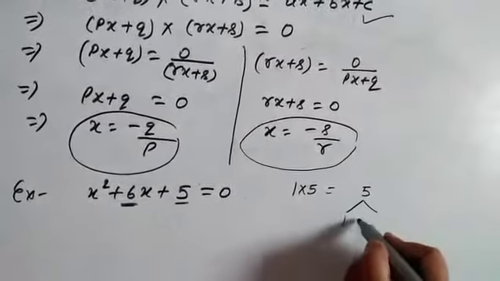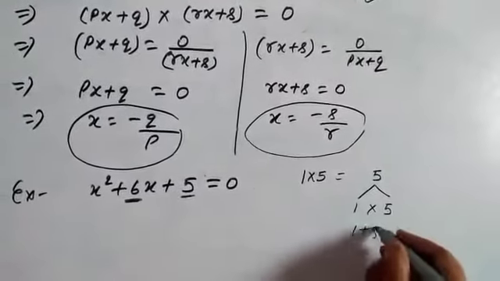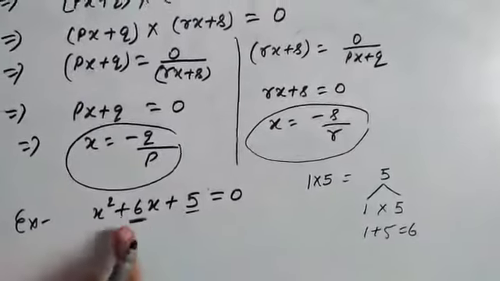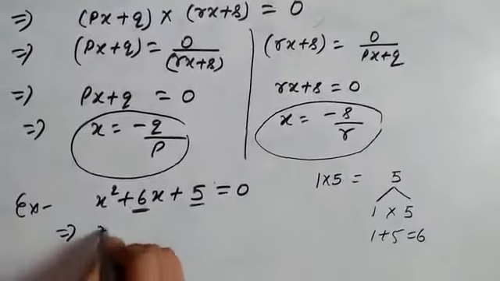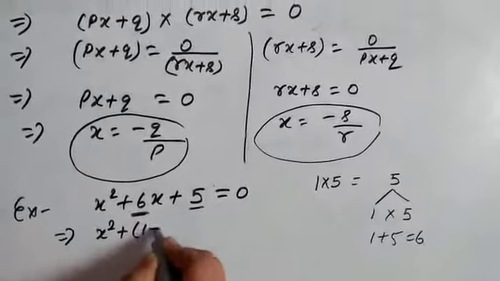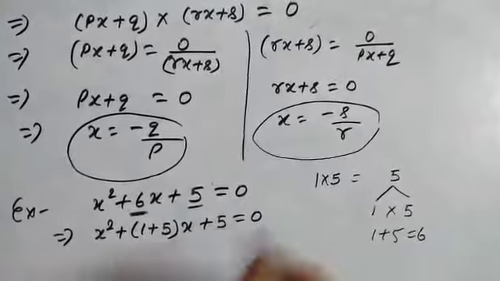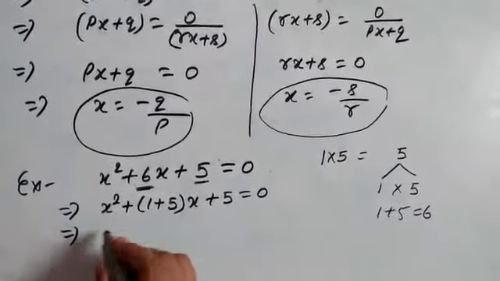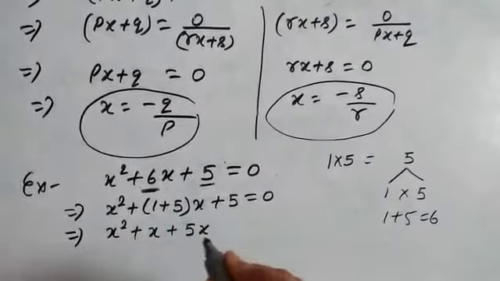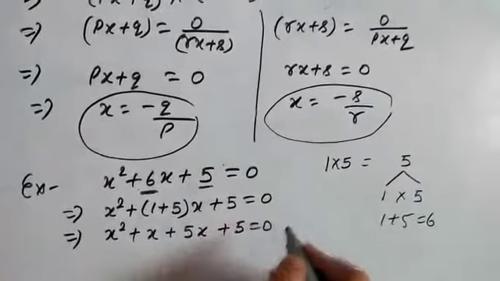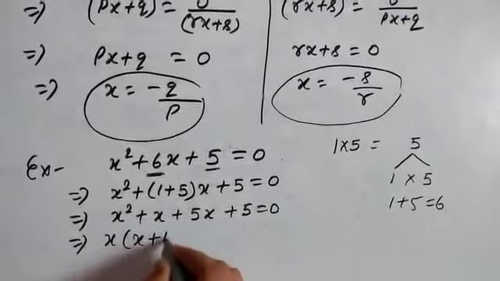So 5 can be written as 1 into 5, and we know that 1 plus 5 equals 6. So in place of 6 we can write 1 plus 5. So it is x square plus (1 plus 5)x plus 5 equals 0. Opening the bracket, x square plus x plus 5x plus 5 equals 0. Taking x common from the first two, we get x into (x plus 1).